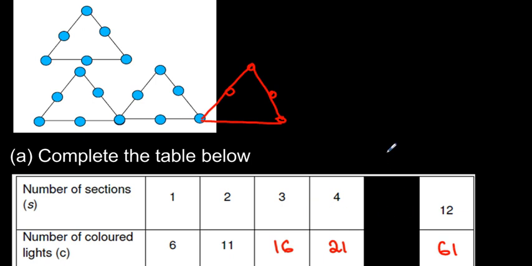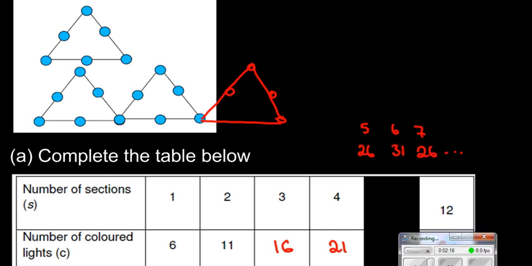Or what I could have done is just extended the table manually and put in all of these extra values and worked them out that way. So you could just extend it all on manually like that, or work it out in your head as I've done.